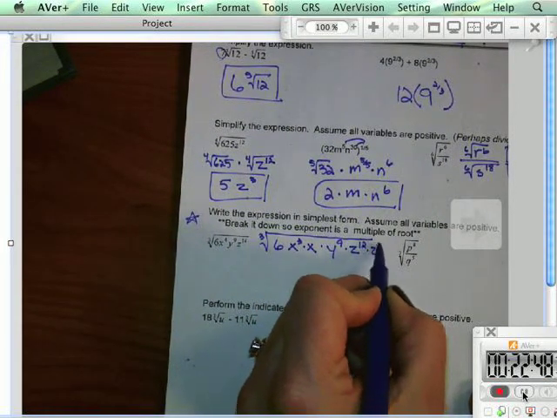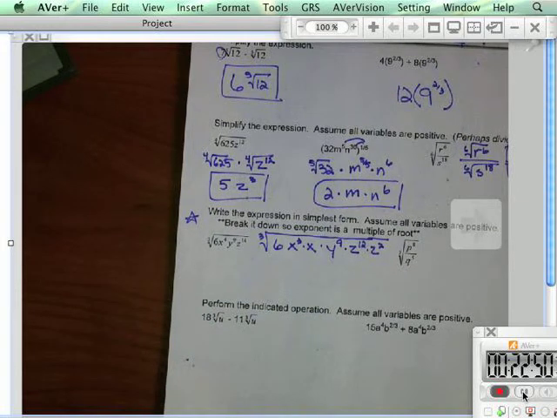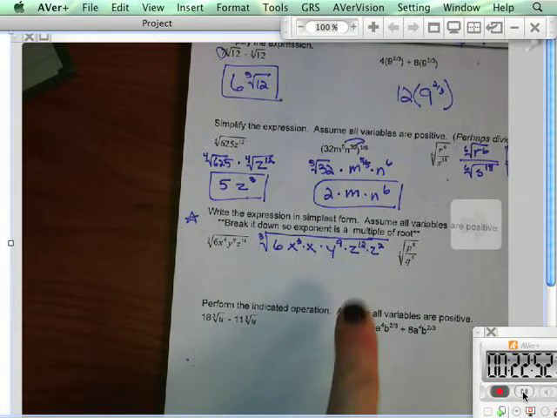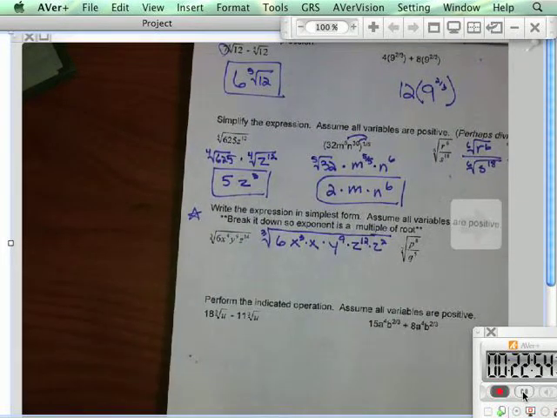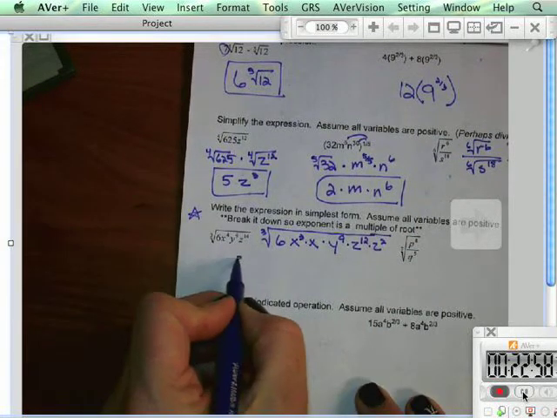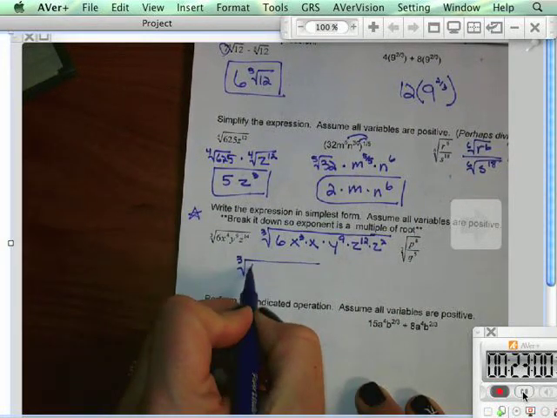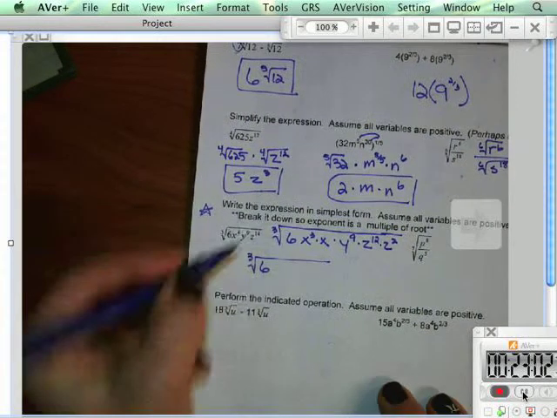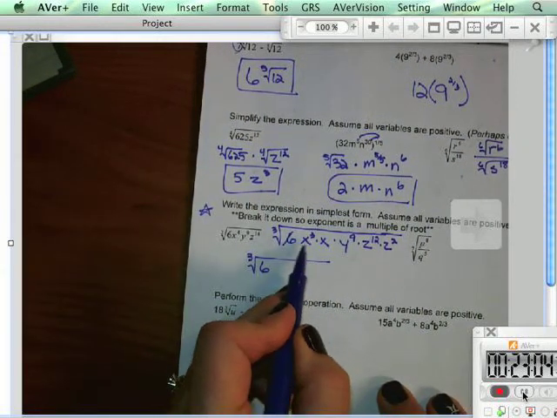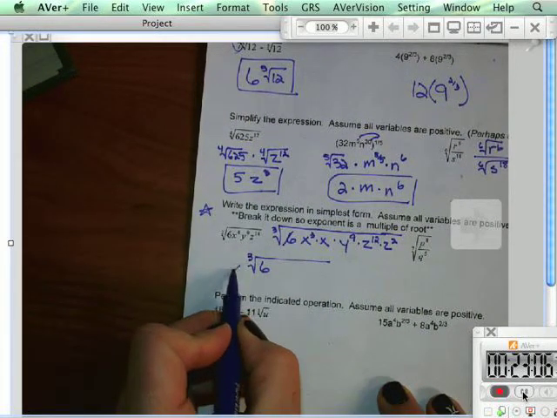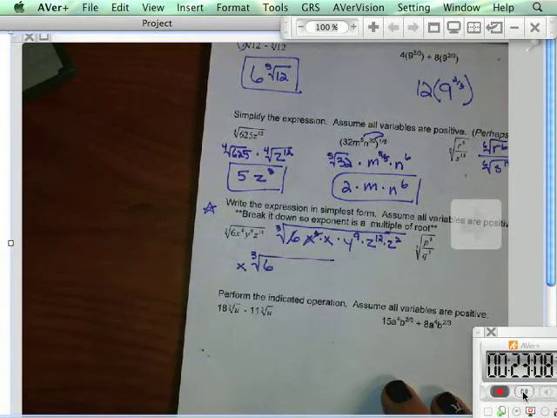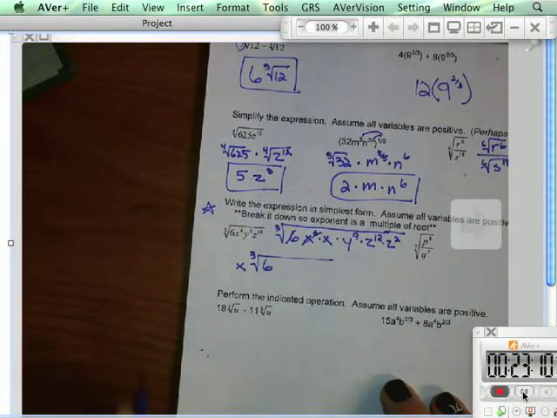Why would I do that? Because I can simplify z to the 12th, because it's a multiple of 3. So now I'm going to rewrite this like this. I can't do anything with the 6. I can take the cube root of that x, and I'm going to pull it out. I can't take the cube root of that next x. That's got to stay there.